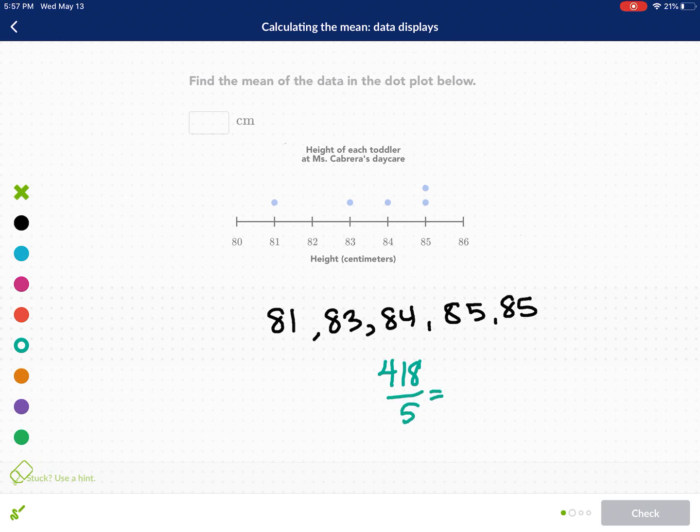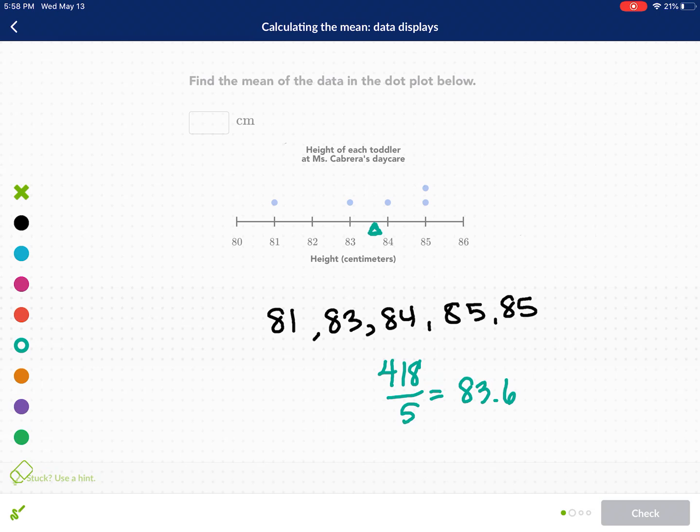So divide that by 5. It's going to be 83.6 centimeters typically. All right, and one thing that they do in data display, just a little heads up preview, 83.6, they would put a little triangle, mathematicians would, right there, because that's kind of like the balancing point. It's a measure of center.